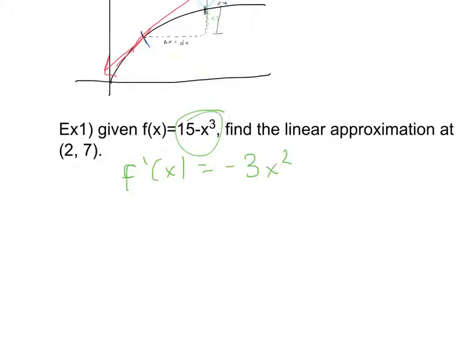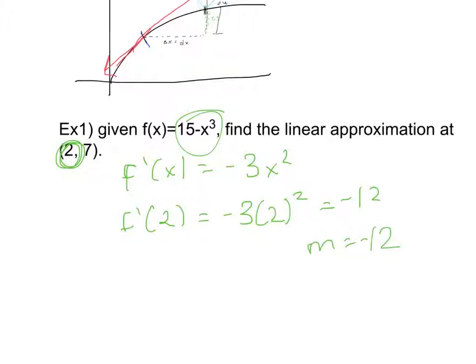Now, I don't need f prime of x at every point, just at my given x value, which is 2. So f prime of 2 equals negative 3 times 2 squared, which is negative 12. That means my slope is negative 12.